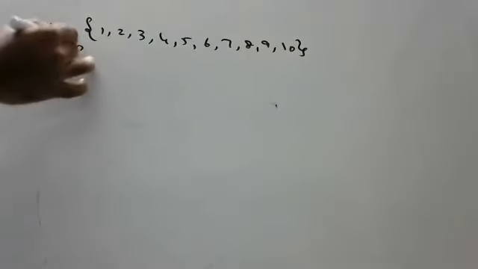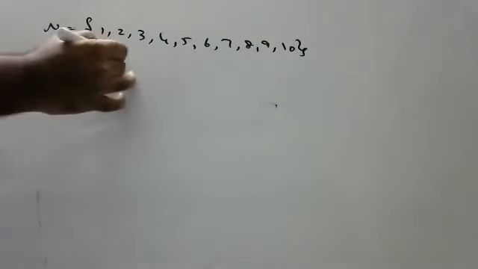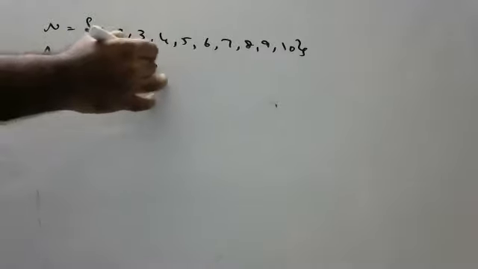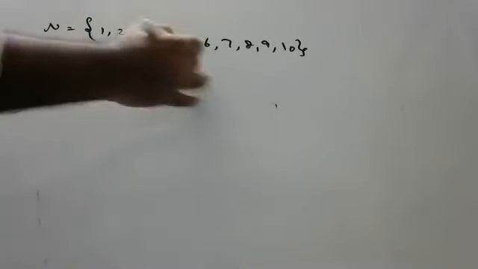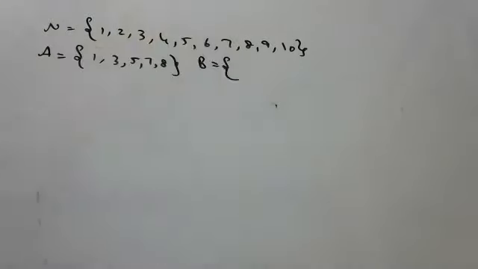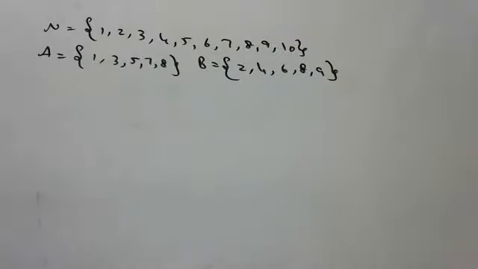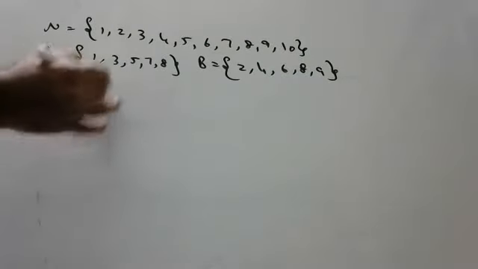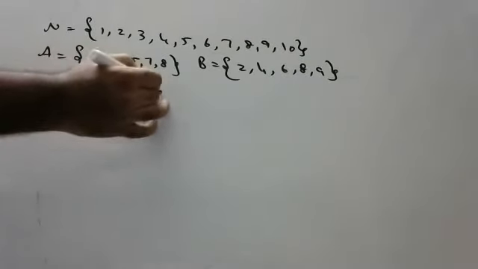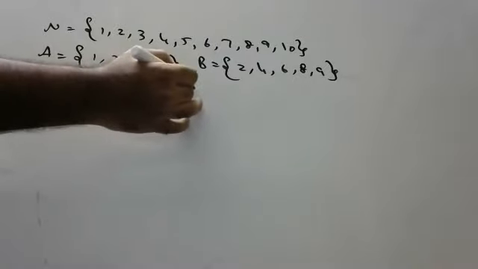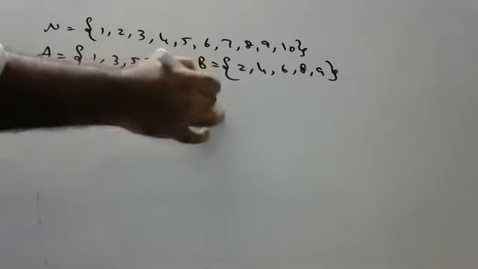A is 1, 3, 5, 7, 8. B is 2, 4, 6, 8, 9. C is 2, 3, 5, 7, 8, 9.